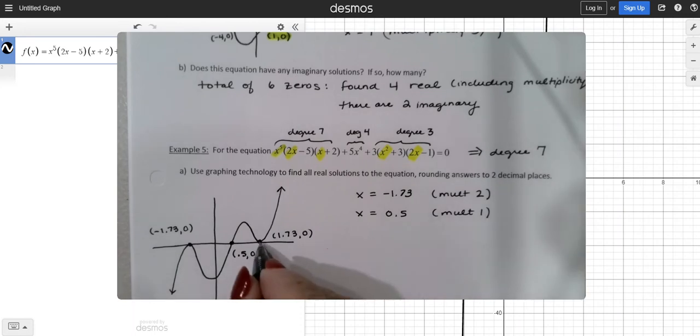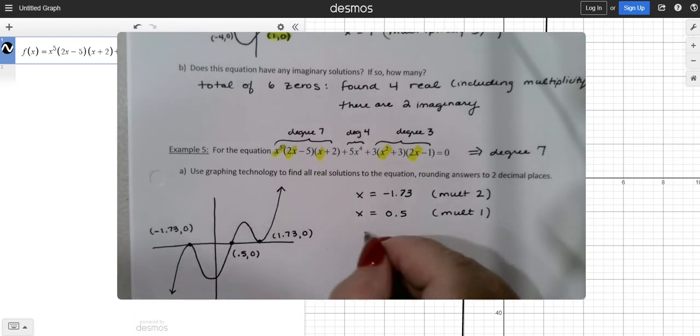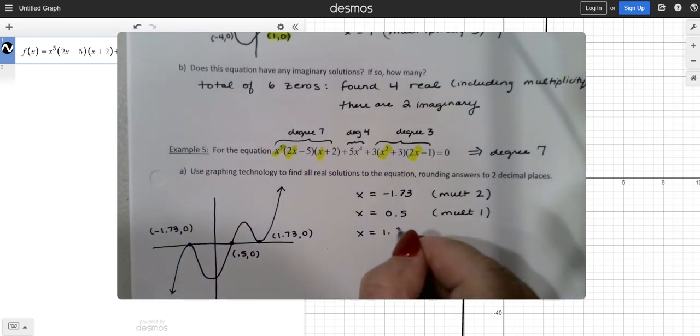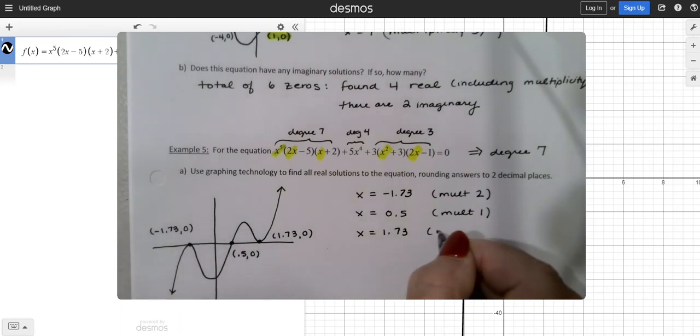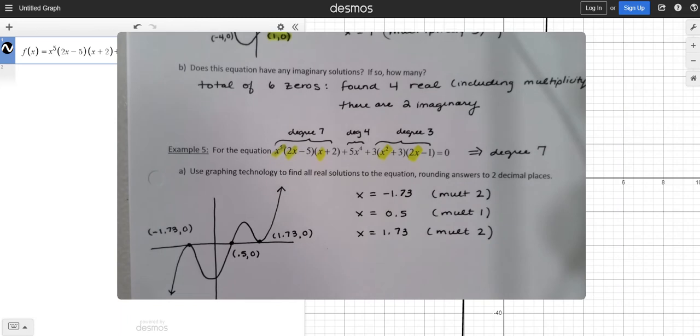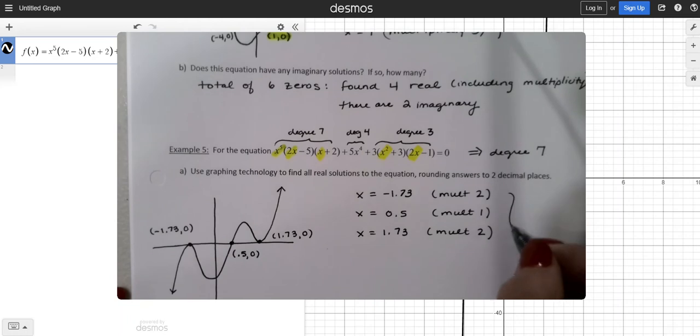And then the positive 1.73, that bounces off again. So that's going to have multiplicity 2 again. All right, so I've really found a total, including multiplicity, of 5 real-valued solutions.